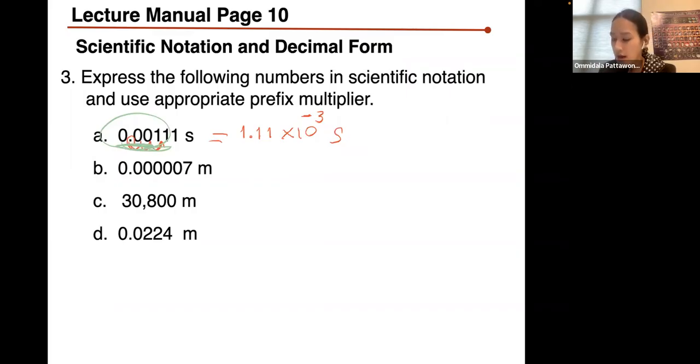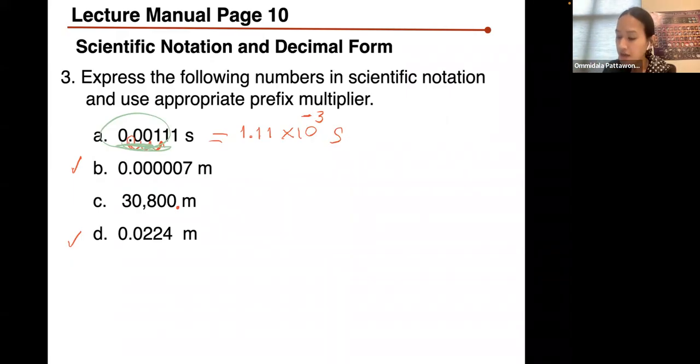Now I'm going to let you do B and D yourself. Let's take a look at C. Here, you don't see the decimal point, but because it's 30,000, it's implied that the decimal place would be right after that last zero.